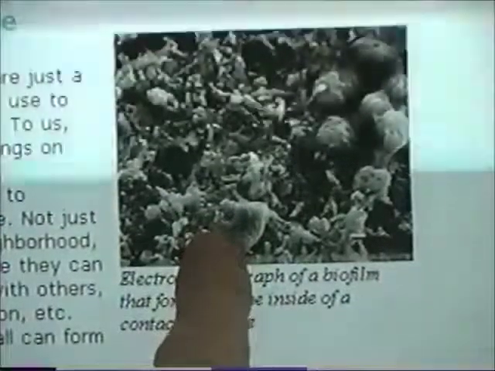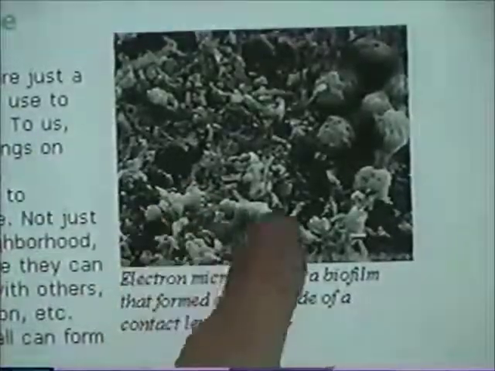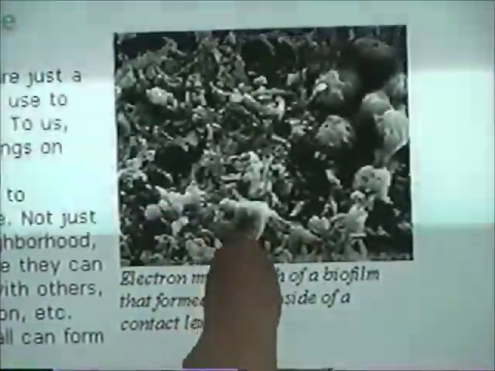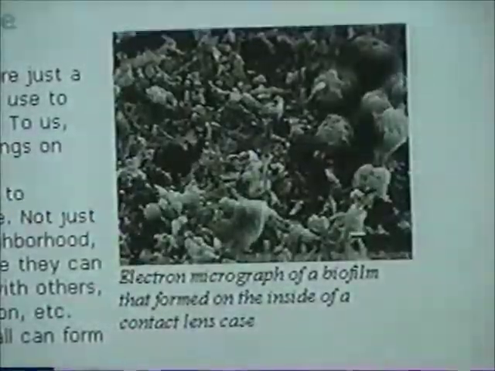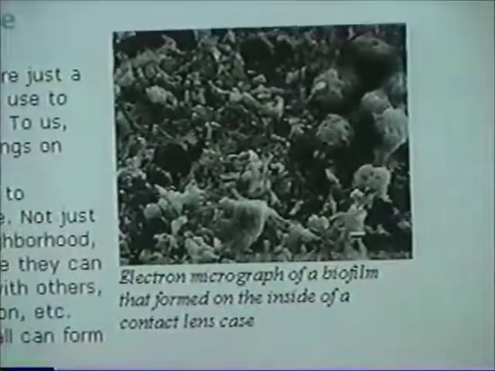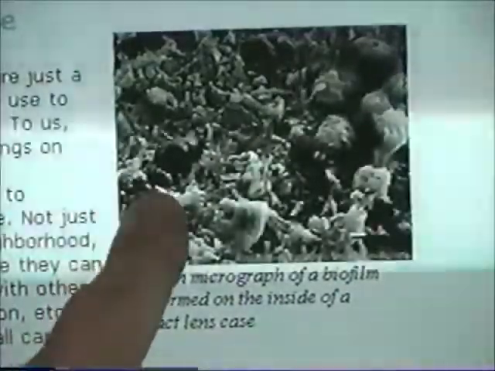They took a sample out of the contact lens case and put it under an electron microscope, and all these bacteria were in there, and then you actually put that in your eye. I wonder why the person was getting eye infections all the time. So that's why you have to clean your contacts. You've got to watch out for things like your contact case.